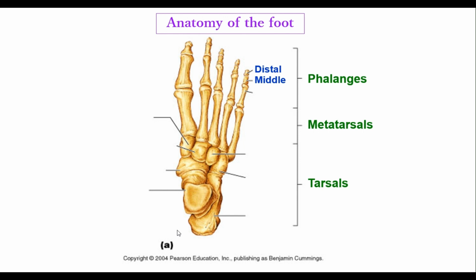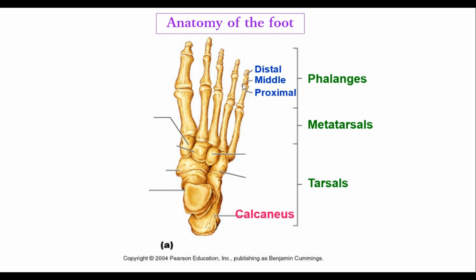Don't confuse medial versus middle. This is the middle phalanx. And this is the proximal phalanx. So we have 3 phalanges for each toe except the big toe. We have only 2, a proximal and a distal. This is the proximal because it is closer to the point of attachment.